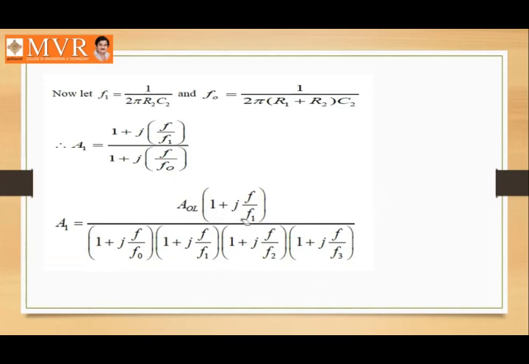In this equation we can cancel these two components, 1 plus j f by F1 and 1 plus j f by F2, since they cancel each other.